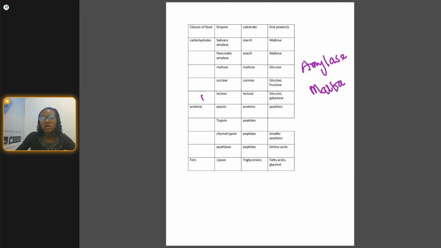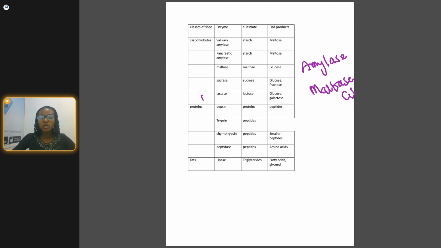The maltase acts on maltose, that is, any food that has maltose. And the end product is glucose.